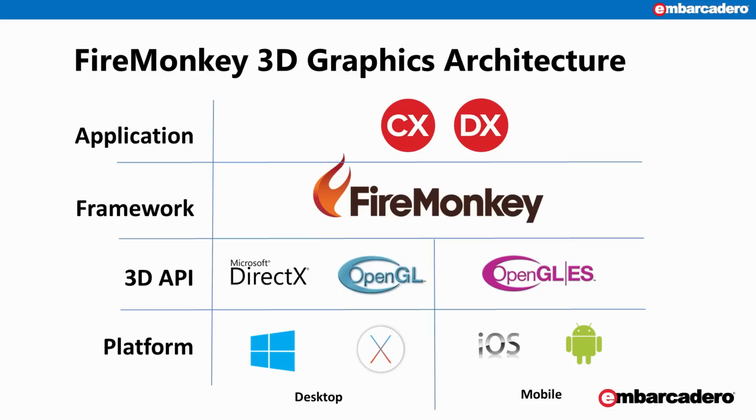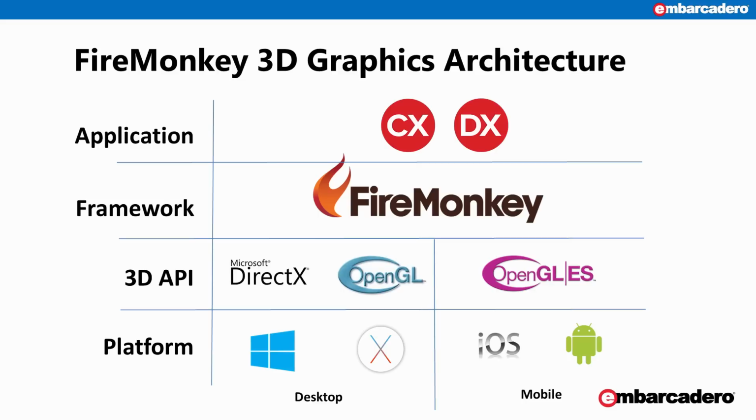But FireMonkey provides a nice abstraction, so you implement your application once in either C++ or Object Pascal code, and FireMonkey takes care of mapping this abstract code to the actual API on different frameworks.